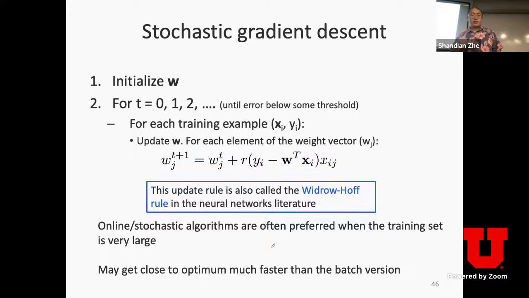In this case, stochastic gradient descent dominates. Often, stochastic gradient descent can get close to the optimum much faster than the batch version. That's why nowadays all neural networks are trained by stochastic gradient descent.